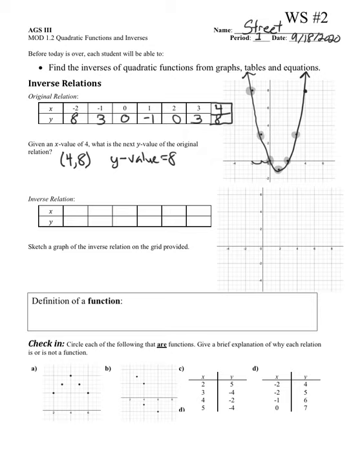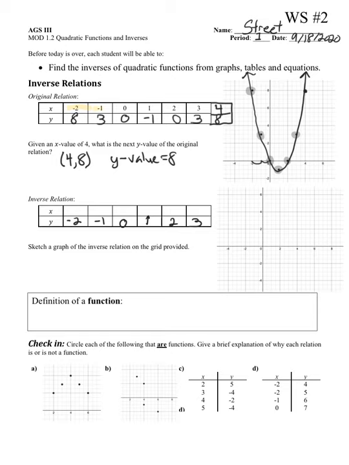All right, so inverse relation, exact same thing we did yesterday. We're taking our x values and our y values and we're swapping them. So do the swap. So your x values become your y values: -2, -1, 0, 1, 2, 3. I'm just going to use a highlighter to highlight that.